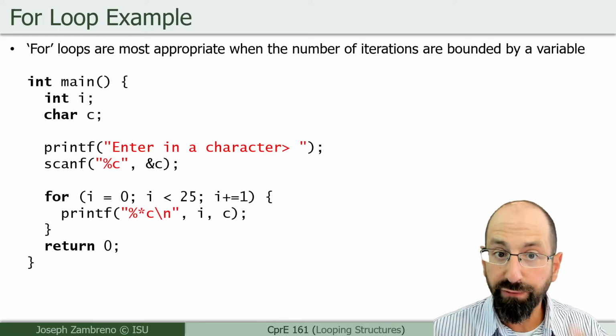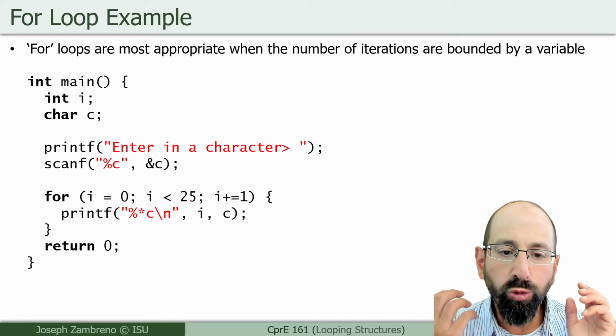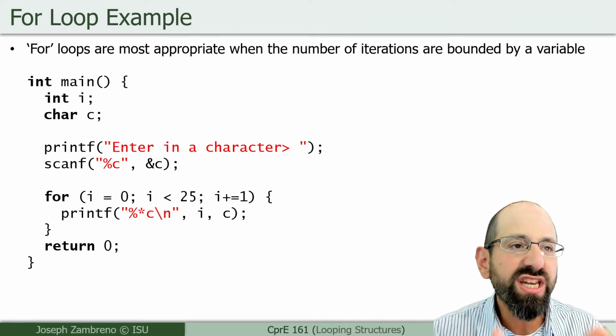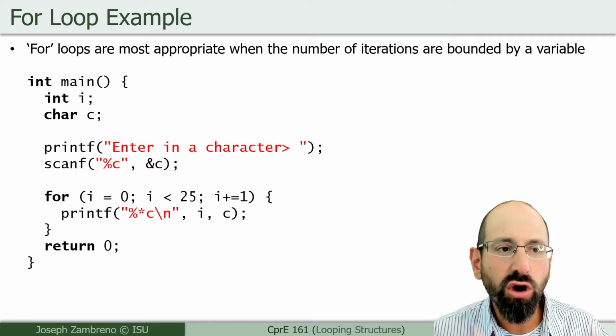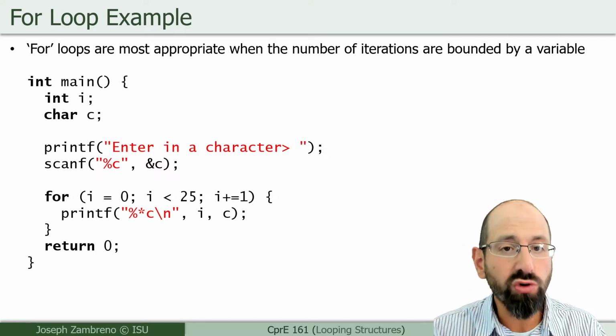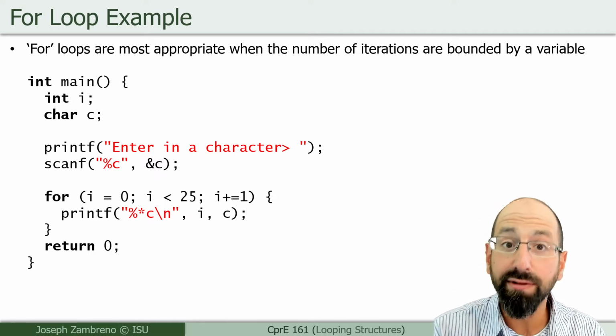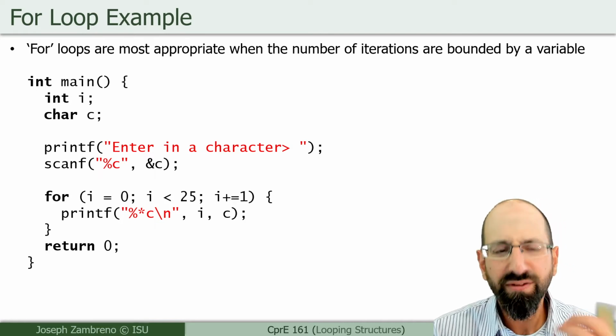When do we choose a for loop versus a while loop? I think the correct shorthand is when we know there's a bounded number of iterations, that I have code I know is going to run 25 times. And even if that is n, like I know the code is going to run a variable number of times where I know the variable or can have the variable at runtime in my code, for loops make a lot of sense.